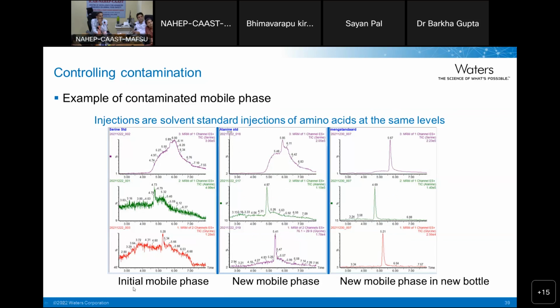It is not only the mobile phase, but the bottles in which the mobile phase is taken could be contaminated. So this is an example of that: the initial mobile phase, the new mobile phase in the same bottle, and the new mobile phase in new bottles.